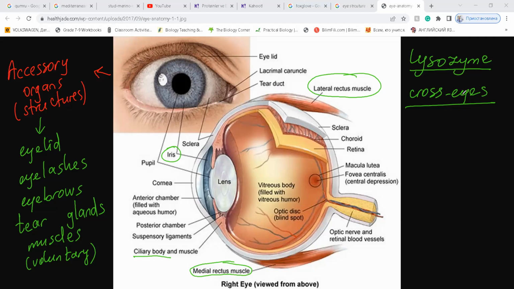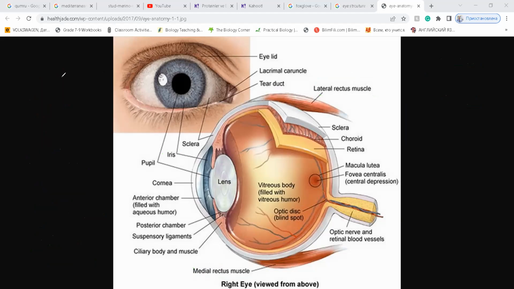Now I will give you information about the eye sphere. We need to learn the layers especially. I will go through the layers, guys.